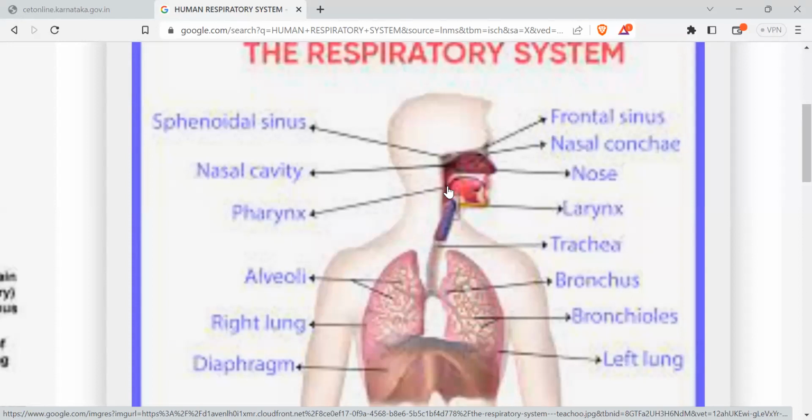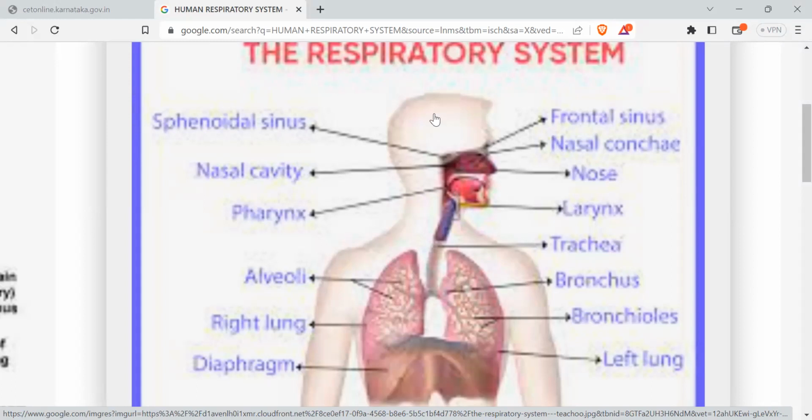Pharynx. Just like our ear contains cartilage, this pharynx also contains rings of cartilage. So it ensures that our air passage doesn't collapse.